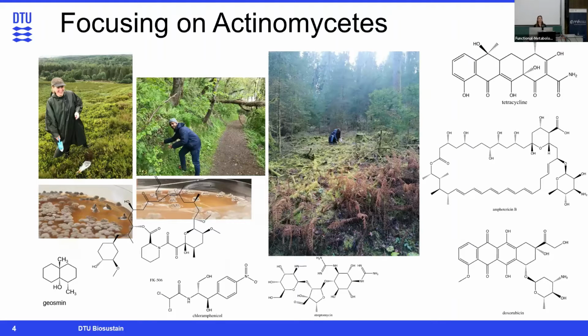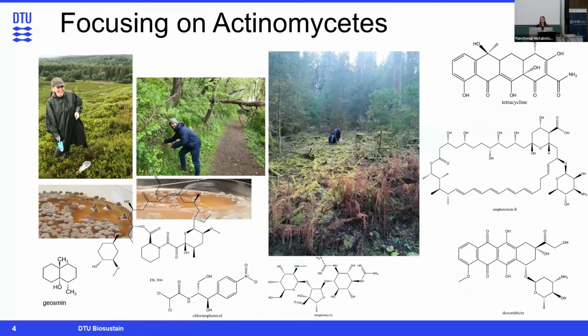My group is focusing mainly on actinomycetes. And why is that? You can find them everywhere in soil. If you roll yourself on the ground, you'll be covered with actinomycetes. They have this really nice after-rain smell that is produced by this compound called geosmin on your left.